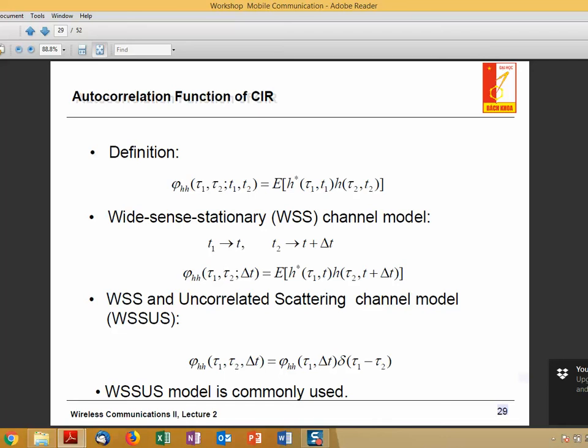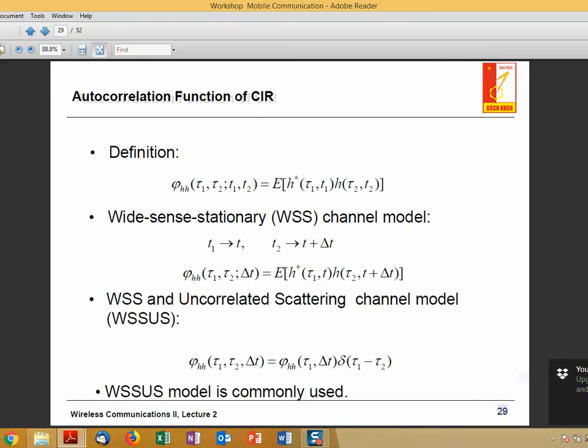It depends on the duration. That's the assumption of the wide-sense stationary channel. So we can replace T1 by T and T2 by T plus delta T, and derive from this equation to this equation.